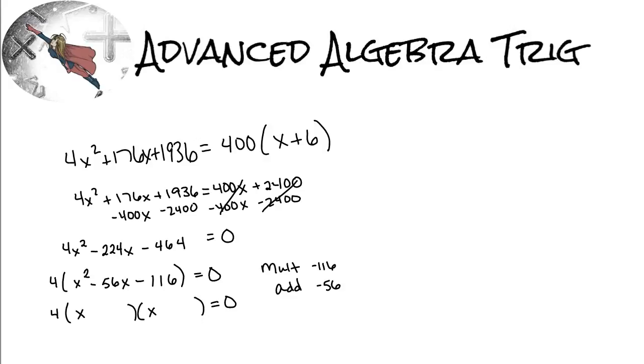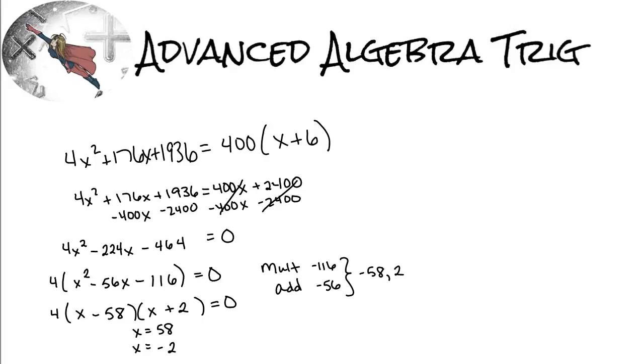Well, I just know that the two numbers that would do that would be negative 58 and 2, because they multiply up to negative 116 and they add up to negative 56. So I'm going to have x minus 58 and x plus 2. And then when I set each of these equal to 0, I get my solutions. x equals 58 and x equals negative 2.